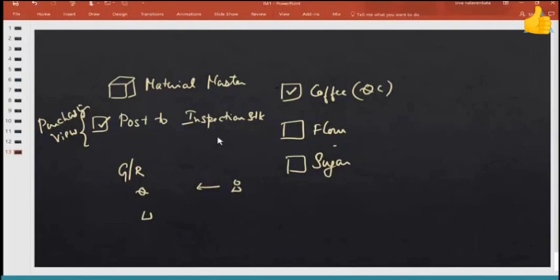Or there could be some scenarios where you don't want to always do quality, but only occasionally do quality under certain conditions. For example, say you have placed an order for sugar with a totally new vendor.